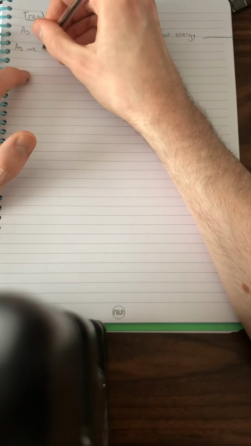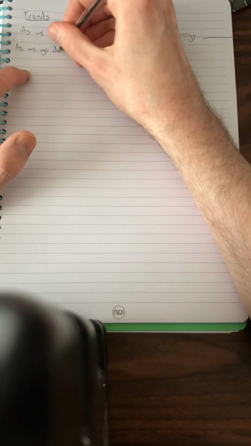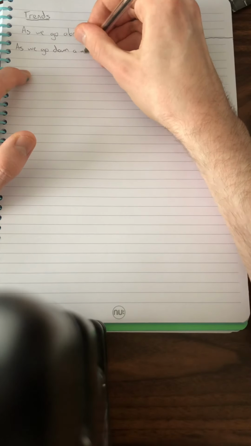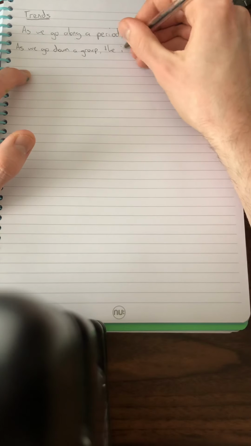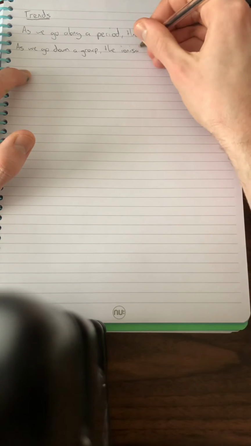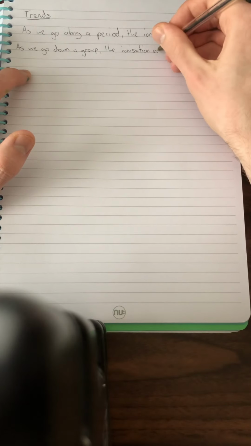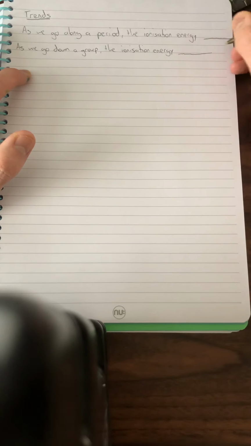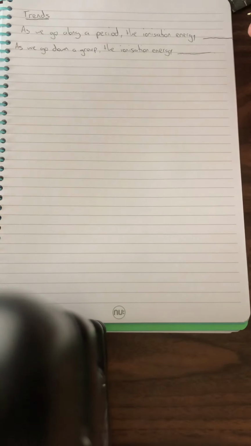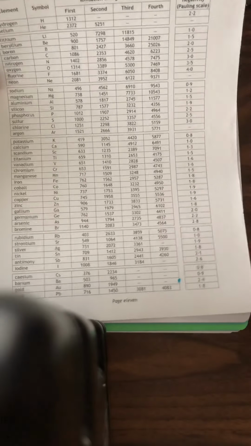As we go down a group, the ionization energy, again, we're going to put a blank there. Right, so we'll do the period first.